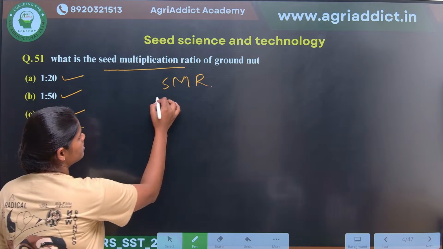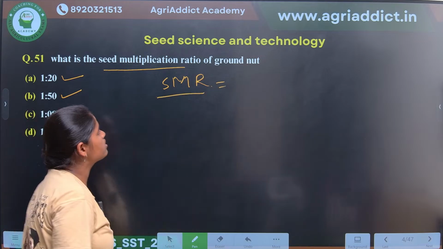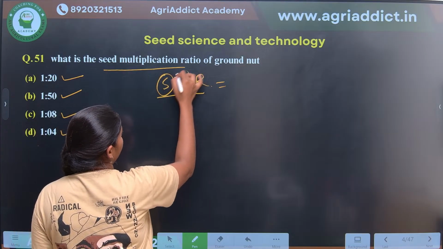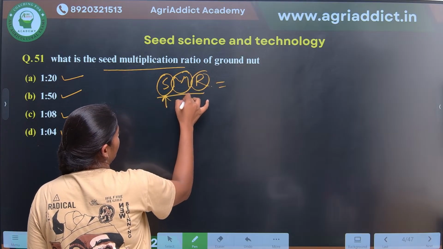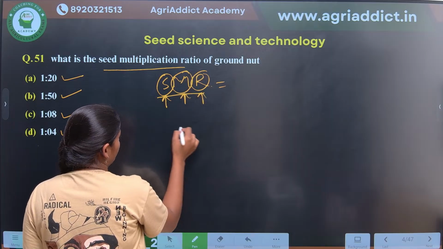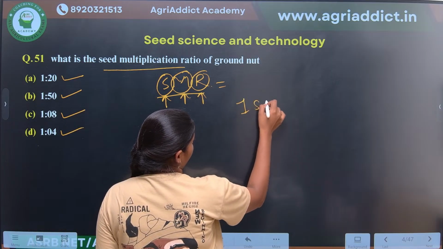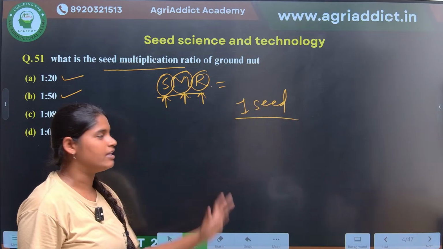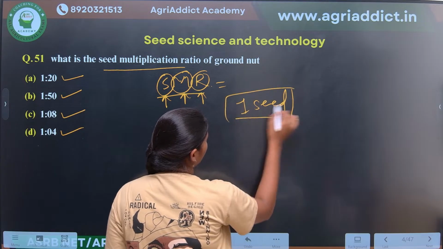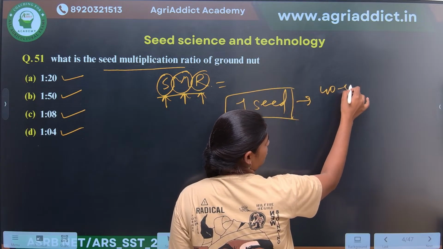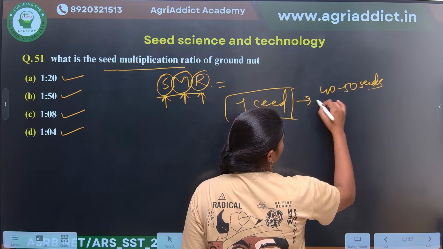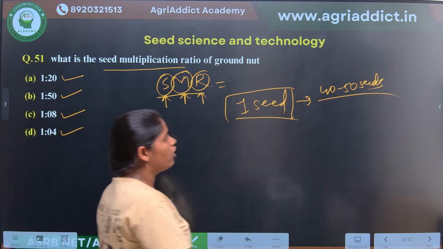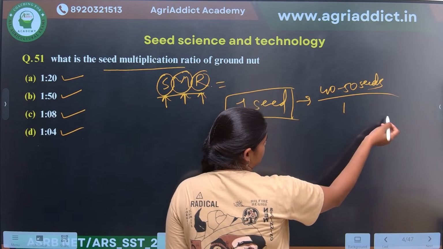Okay, first get into the concept. What is seed multiplication ratio? The name itself indicates seed and multiplication. If you sow one seed, and you got around 40 to 50 seeds, just assume, it varies with the crops, that is why the concept. You got 40 to 50 seeds from one seed.